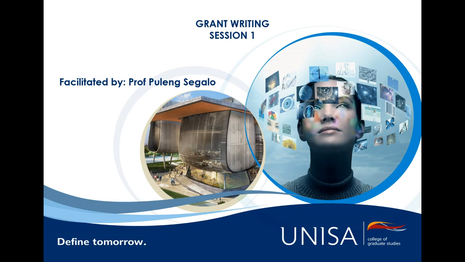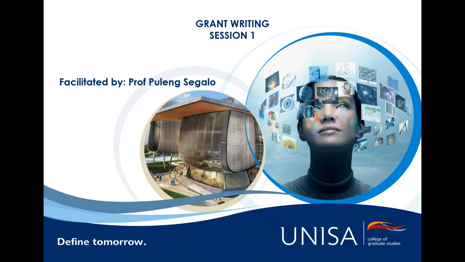When you are a postgraduate student, when you are busy with your master's or your PhD, one of the things you need to think about is funding for your project. It might not be huge funding that you require, but we believe that these are the skills that are going to be critical for you as you think about taking this project that you're doing now for your postgraduate studies, further building on it, or even working on other different projects, especially if you're interested in remaining in academia.